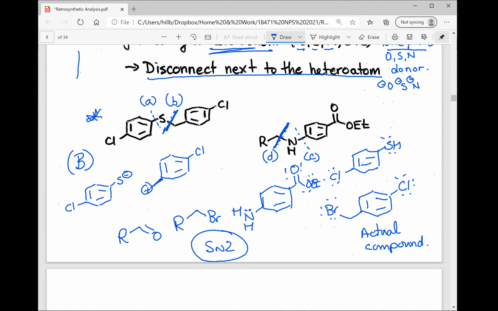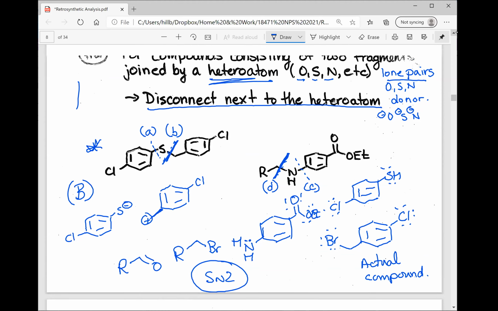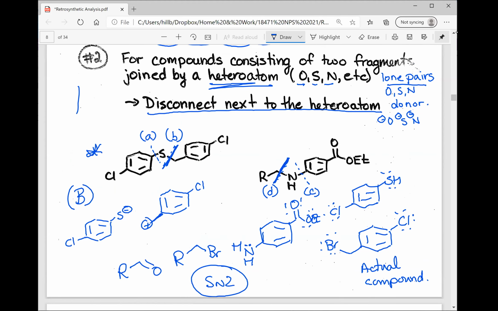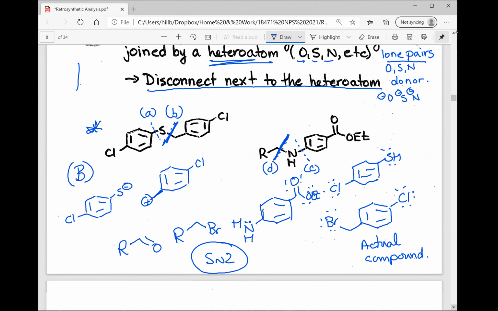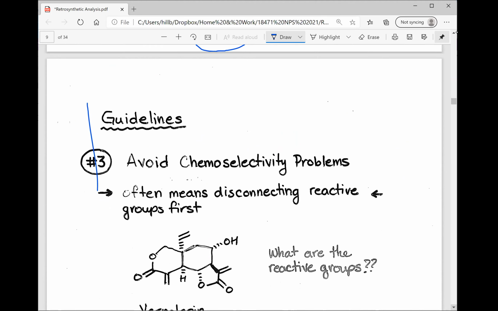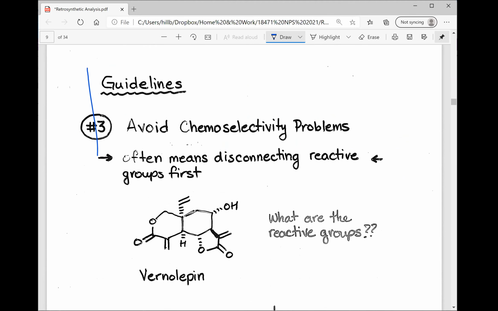So if you've got a heteroatom in your molecule, disconnecting beside those atoms is the best bet for sure. The third point is that you want to avoid what we call chemoselectivity problems.